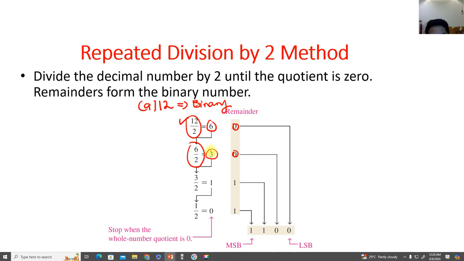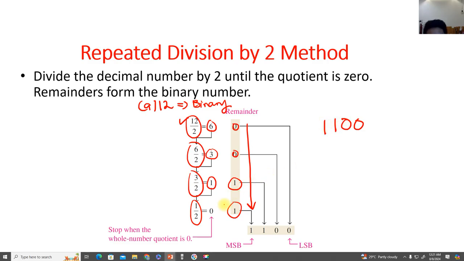So, the 3 is divided by 2. 3 divided by 2 is 1, remainder 1. And 1 divided by 2 will be 0 with a remainder again of 1. So stop when the whole number quotient is 0. When you can no longer divide, you should stop. The least significant to the most significant is written from up to down, so that would be 0, 0, 1, 1.